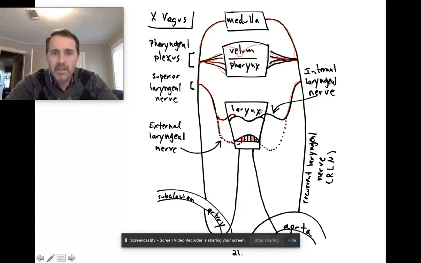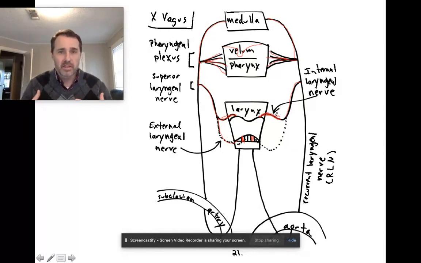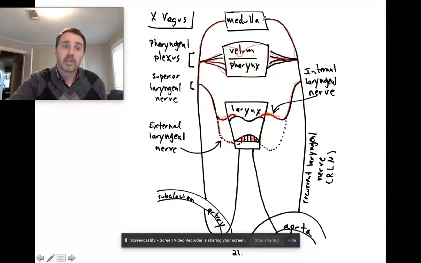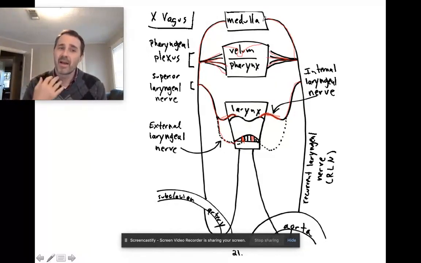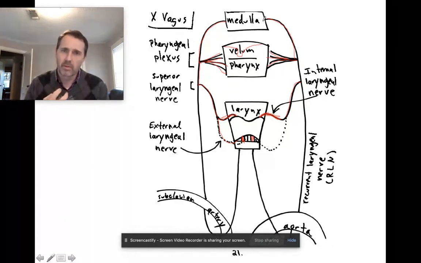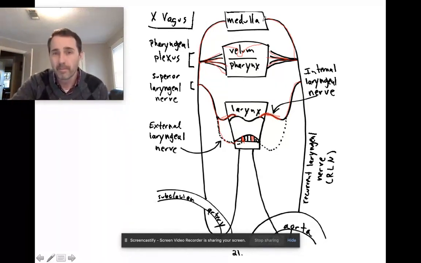The intrinsic branch of the SLN, right here and right here, is an afferent portion of the vagus that sends sensory information from the vocal folds up the vagus to the medulla to be transmitted up to the parietal lobe for processing, so that you can understand if you have mucus on your vocal folds, or if you have some food on your vocal folds that has fallen into your airway.